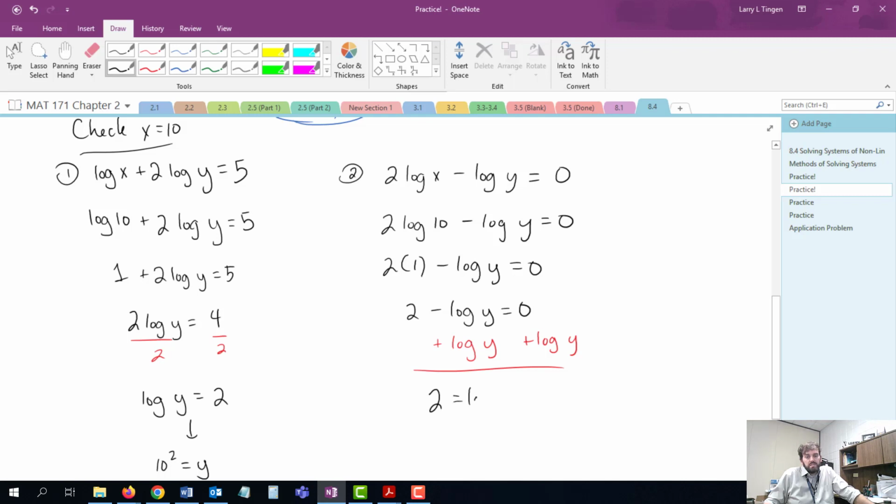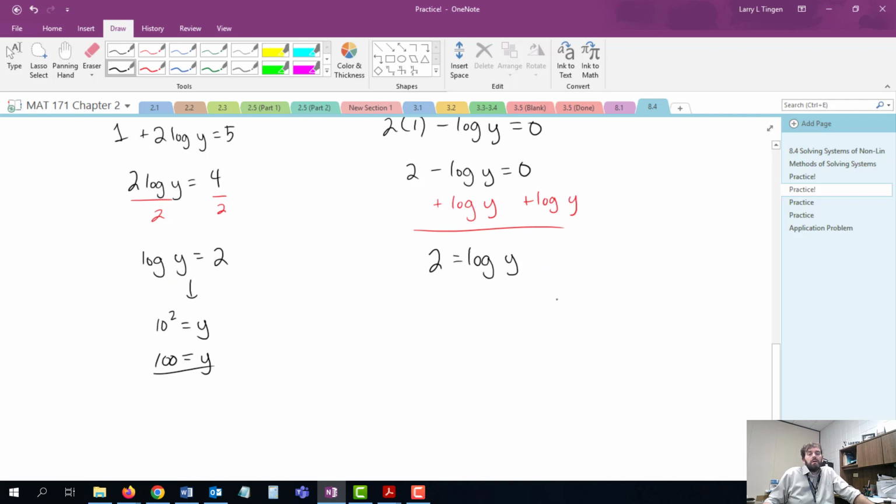So that's 2 is equal to the log of y. Rewrite that in exponential form. What power do I raise 10 to get y? 2. Y equals 100. I get the same thing in both. So that means my solution set contains the single point (10, 100).